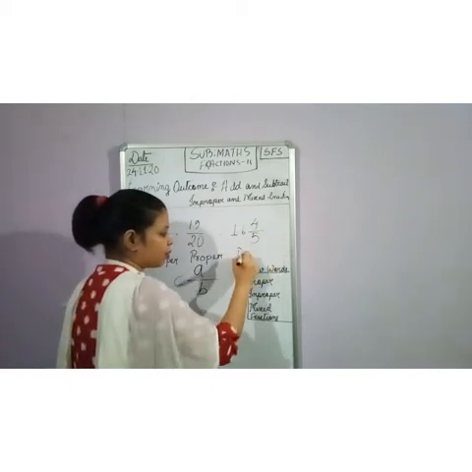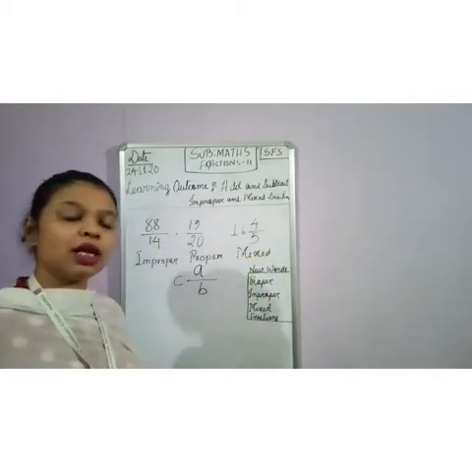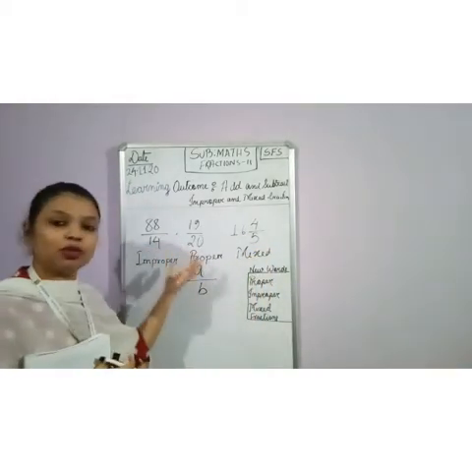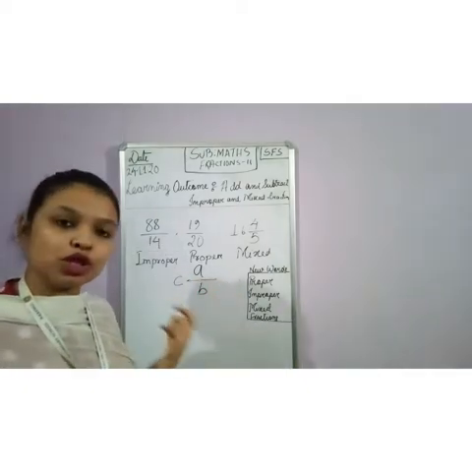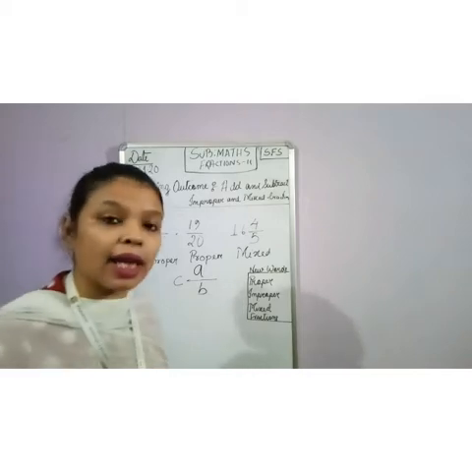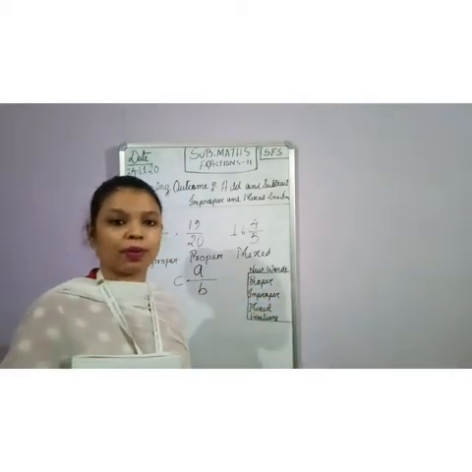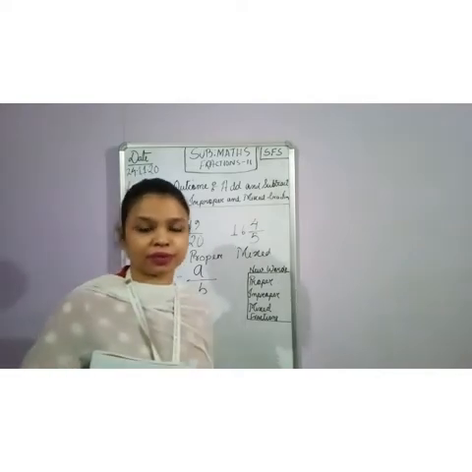That means it is a mixed fraction. Okay children, remember where the bigger number and the smaller number should be. Then only you can identify and solve questions based on proper, improper and mixed fractions.